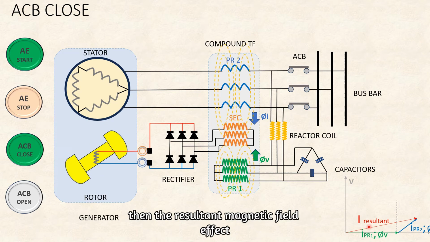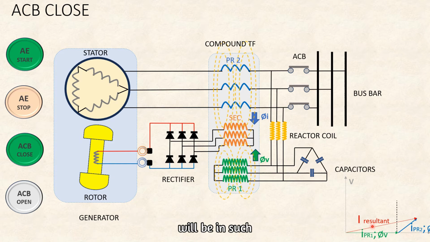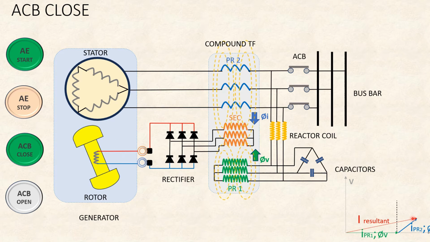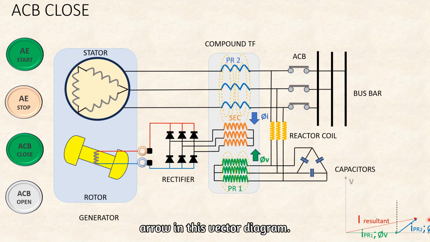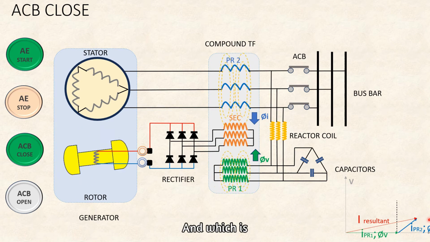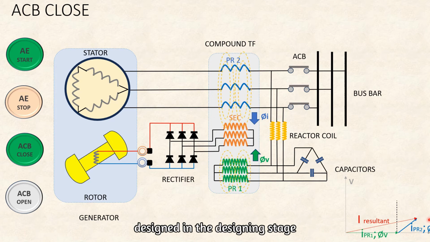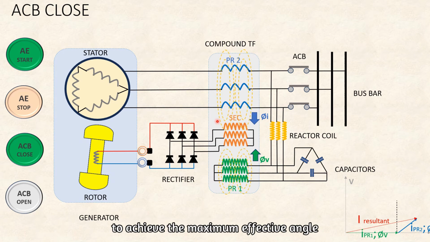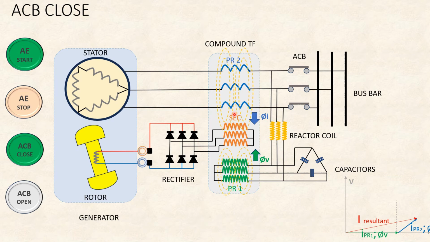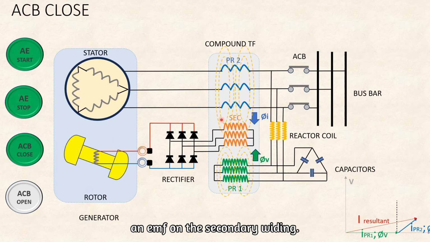Then the resultant magnetic field will be in the direction represented by this I resultant arrow in the vector diagram, which is designed in the design stage to achieve the maximum effective angle to produce an EMF on the secondary winding.